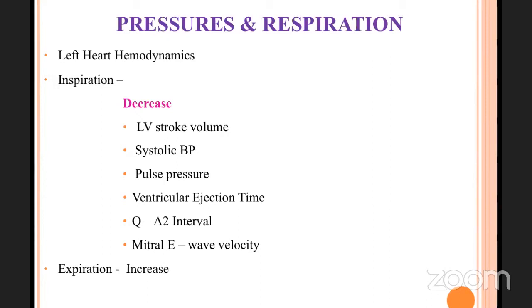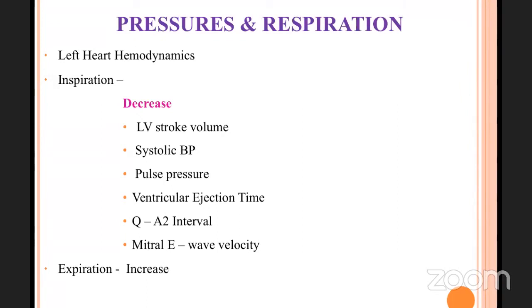So the LV stroke volume falls. Consequently, systolic blood pressure during inspiration also falls. This fall in the systolic blood pressure during inspiration is around 2 to 5 millimeters of mercury, assuming that the patient does not have any respiratory distress.